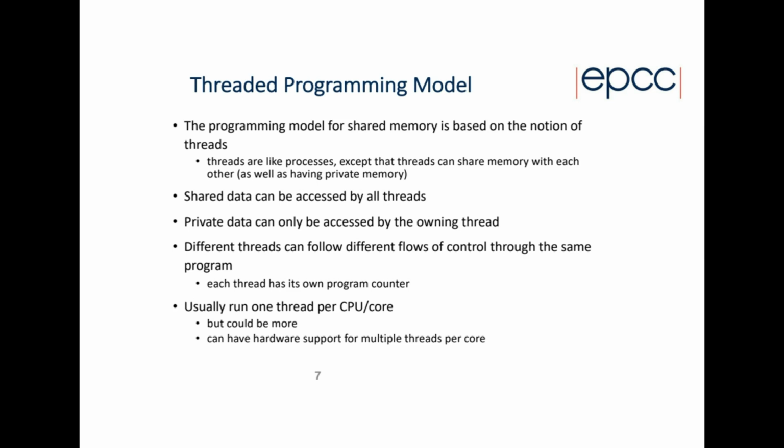In order to do useful parallel programming, different threads follow different flows of control through the same program. We're really thinking about running a single executable, but this will create multiple threads which will do different things and take different paths through the same program.